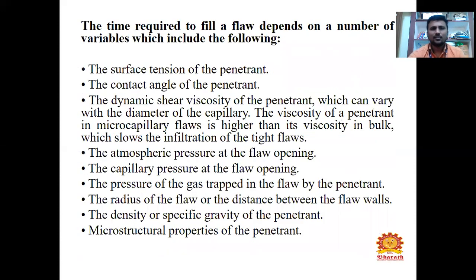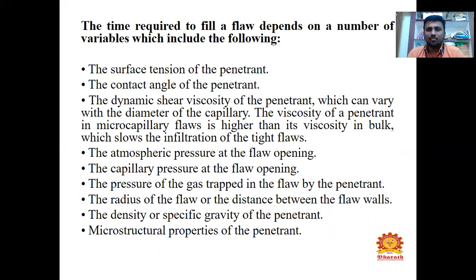The time required to fill a flaw depends on a number of variables, which include the following. The first one is the surface tension of the penetrant, then the contact angle of the penetrant, then third, the dynamic shear viscosity of the penetrant, which can vary with the diameter of the capillary.